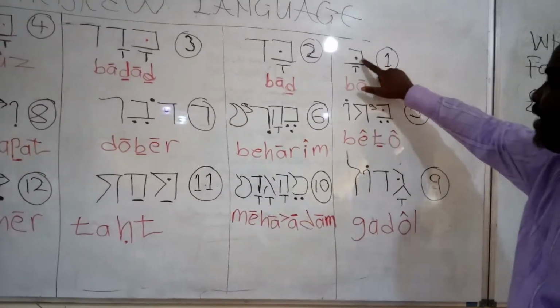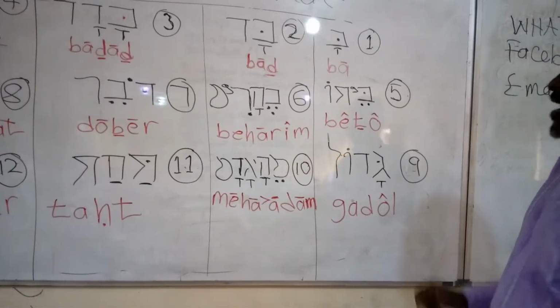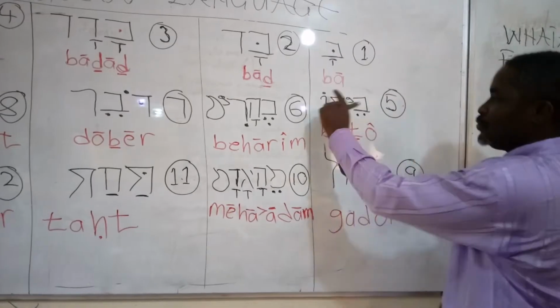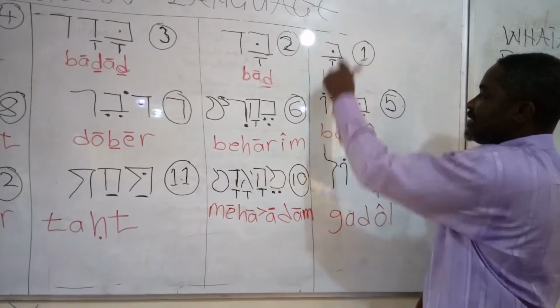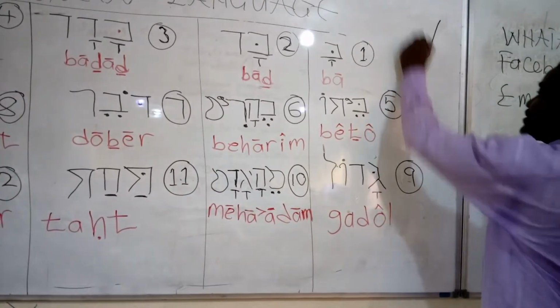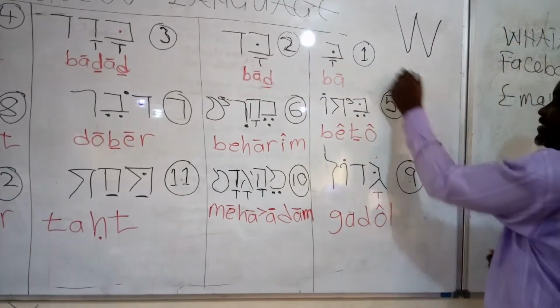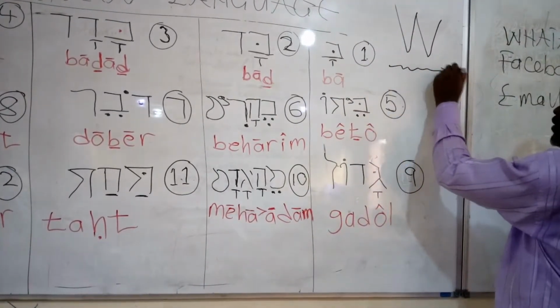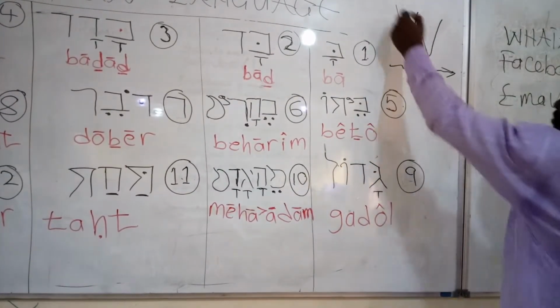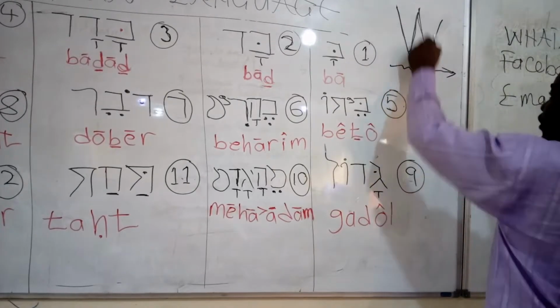You have bet and kamets, and when you transliterate it, you start from bet, then what's under it, which is bav. In English you go on a horizontal line, but in Hebrew you go vertical, up and down.